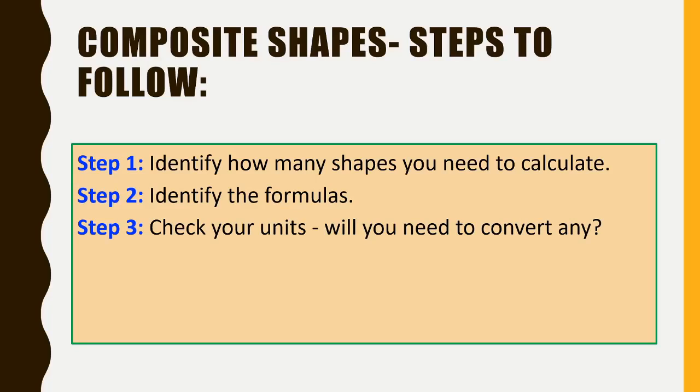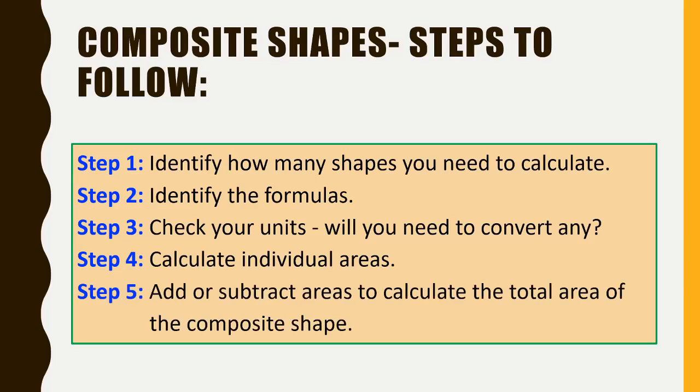We check the units and make sure that all the units are the same measurement. If we're working in meters, everything's in meters. If we're working in centimeters, everything is in centimeters. We calculate the individual areas of each of those shapes, and then at the end we add or subtract the different areas together to create the total area of a composite shape.